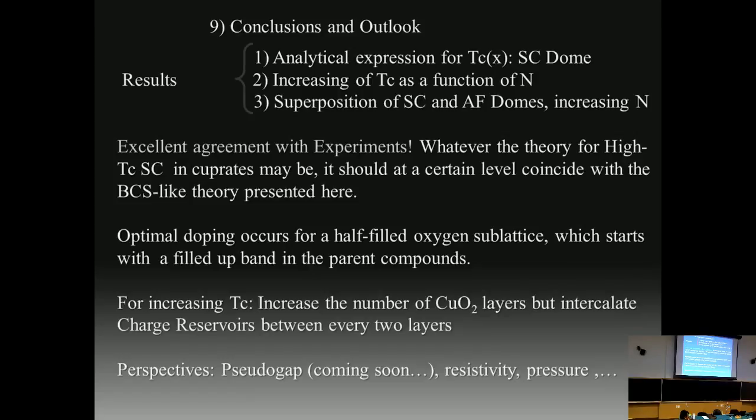And we can devise here even a method for increasing the temperature in cuprates. It's clear that if you can increase the number of copper oxide planes and at the same time efficiently dope these planes, we would have a real increase in the temperature.